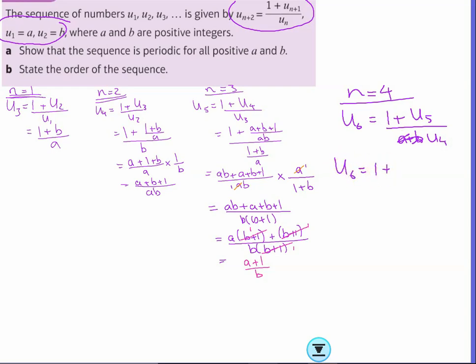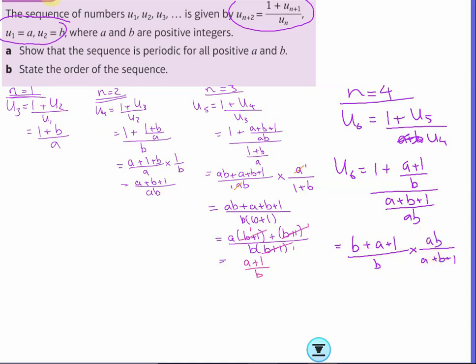Okay, so it's 1 plus the fifth term, which was this one. So a plus 1 over b all over the fourth term. That was the uglier one. So that's a plus b plus 1 all over ab. Okay, so let's just squeeze it in over here. So that's b plus a plus 1 all over b being times by ab over a plus b plus 1.